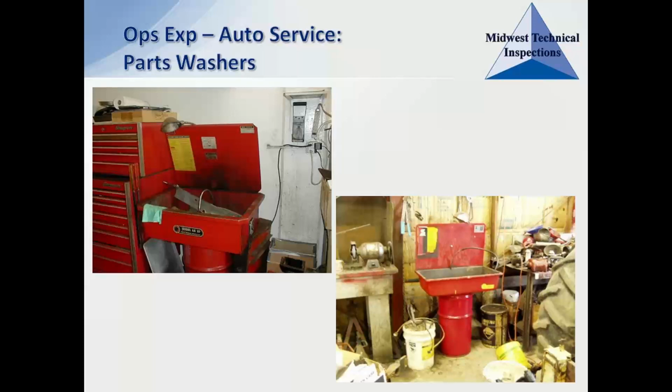So for the parts washers, we are looking at the type of parts washer that they have. We would like to see something like this, where it is a manufactured parts washer. This is designed for this specific purpose.